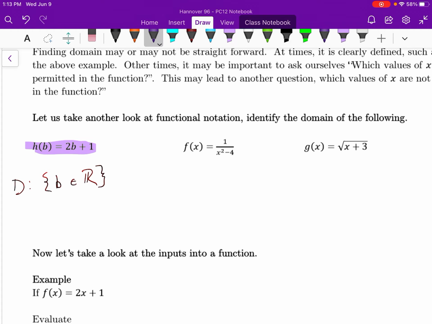So let's go over to f. What is the domain for f? Well, that's a great point. Likely, you have this trained in you, your non-permissible values. That is, when you factor f of x, it factors into 1 over, it's a difference of squares.